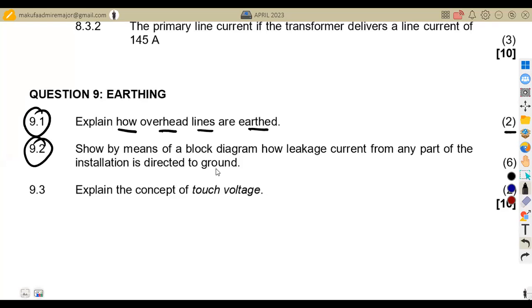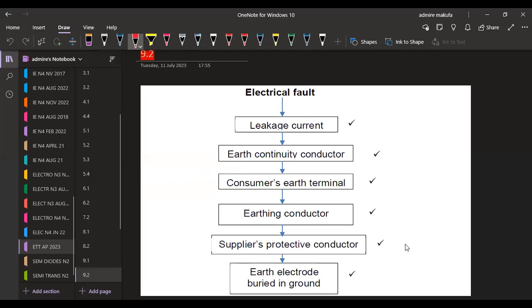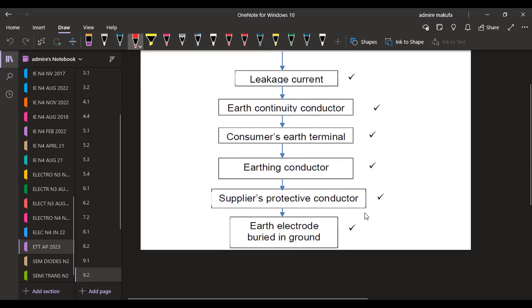9.2, show by means of a block diagram how leakage current from any part of the insulation is directed to the ground. Take note, how is the leakage current directed to the ground? It's actually a flow, just like a flow chart. So we've got the earth fault, the leakage current, to the earth continuity conductor, to the consumer's earth terminal, to the earthing conductor, the supplier's protective conductor, to the earth electrode buried in the ground.